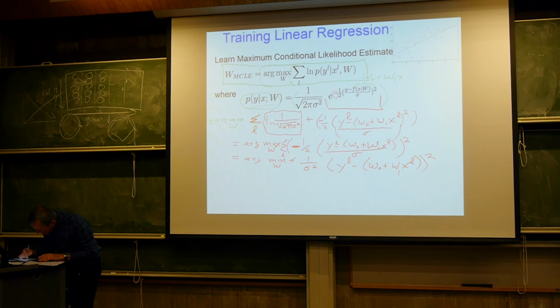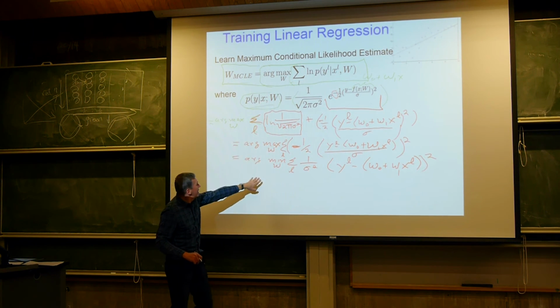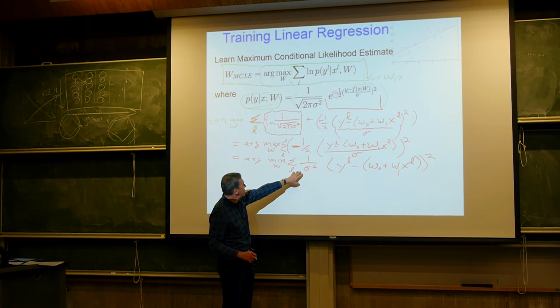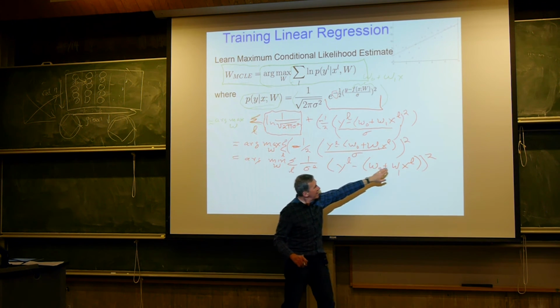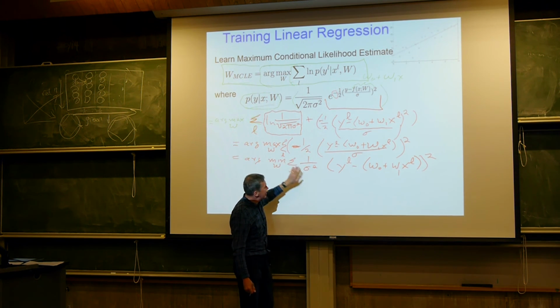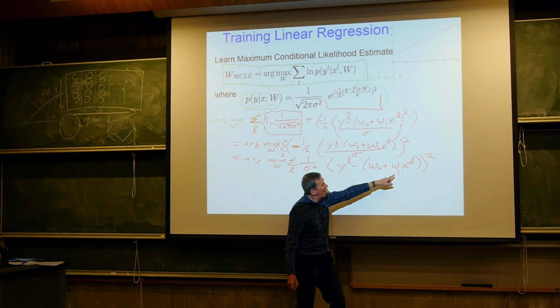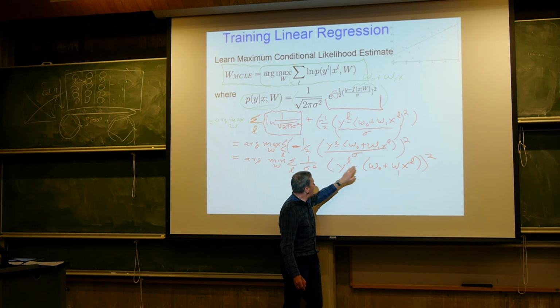Sum over the training examples. If I want to maximize the conditional likelihood, that's equal to saying that what I want to do is minimize the sum over the training examples, where L is the superscript for the Lth training example, of the squared error in my prediction of Y.